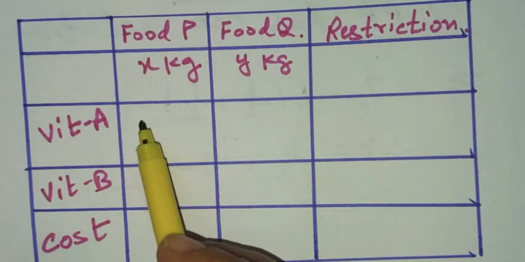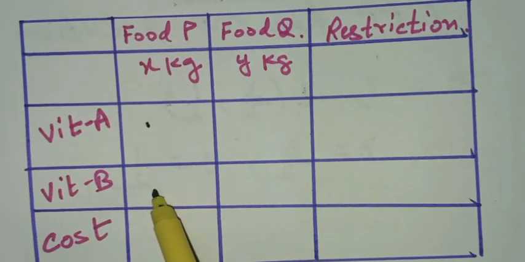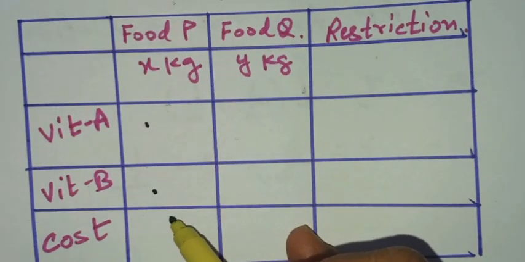So now let us read the question again. Here I am going to write how much vitamin A and how much vitamin B food P contains.